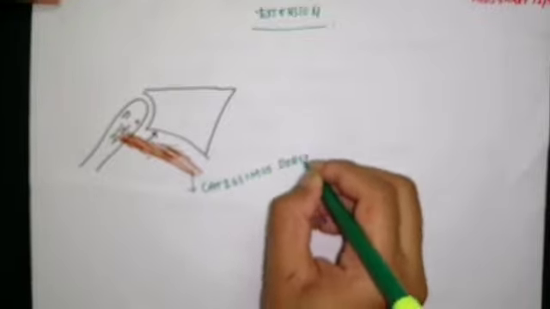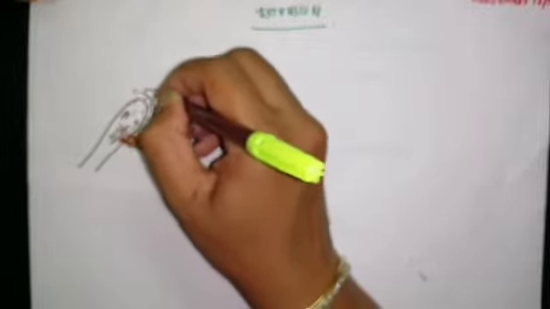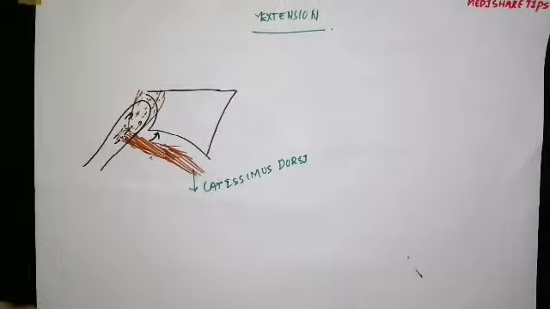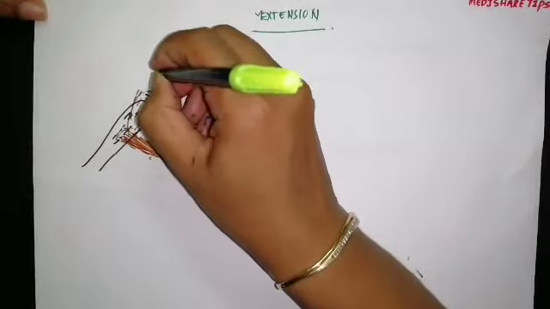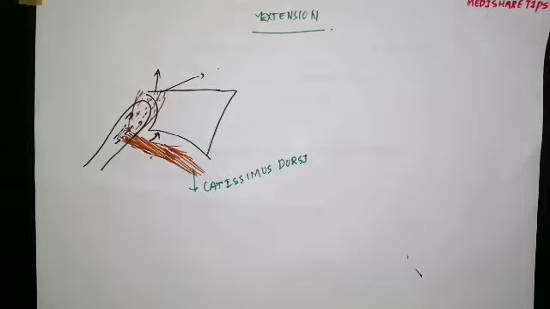And the next muscle is the posterior fibers of deltoid, which pull the humerus backwards. That is the posterior fibers of deltoid.